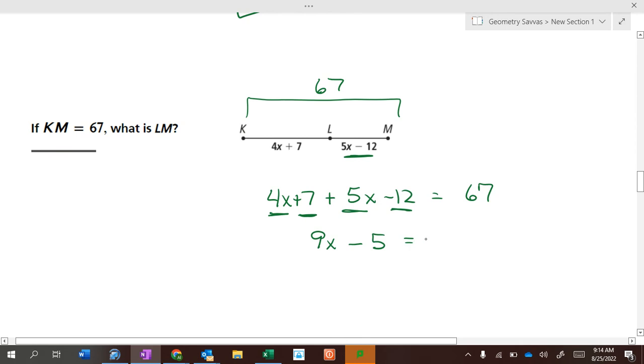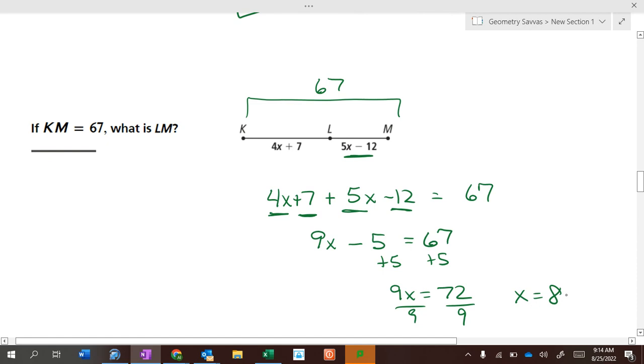Negative 5 equals 67. So then we'll add 5 to each side. So 9x equals 72, divided by 9. X equals 8. Yeah, I was already thinking of what the answer was. There we go. Thank you, Donovan, for clearing me up.